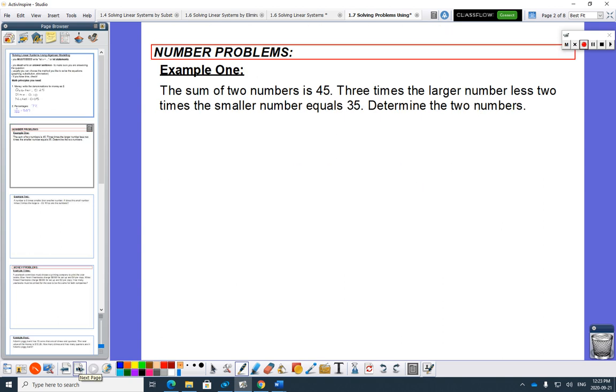Okay, so a very common word problem type is called a number problem. So you have to find 2 numbers. Remember, all of our equations have 2 variables, x and y. And again, you're always going to need 2 equations, just like the systems that we've been looking at, okay? So it will use mathematical words like sum.